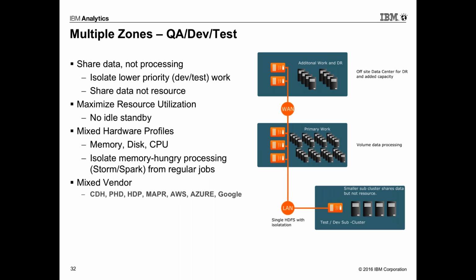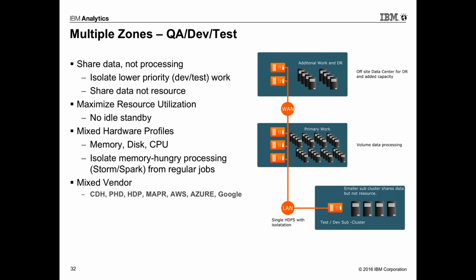And in many cases, large organizations have multiple clusters for different purposes. You have production clusters, development and QA clusters, and they may have different profiles. When I say different profiles, they may have different server configurations.